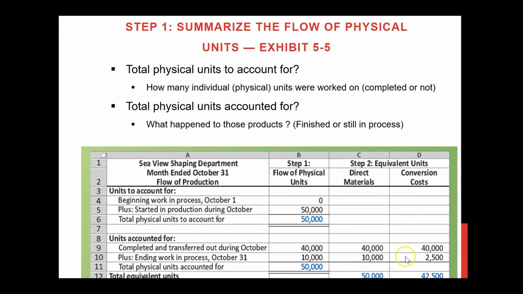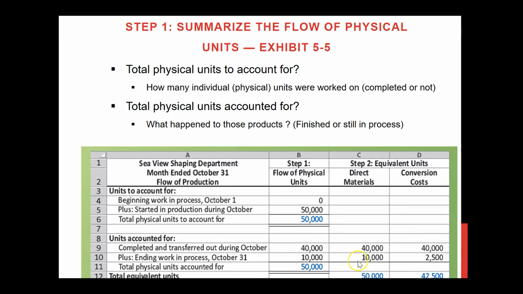But the example also says that the work in process production is done by 25%. That means they still need to do the remaining 75% of the tasks. So when we consider the conversion cost, we consider this unfinished work in process as per the percentage of production which is completed.